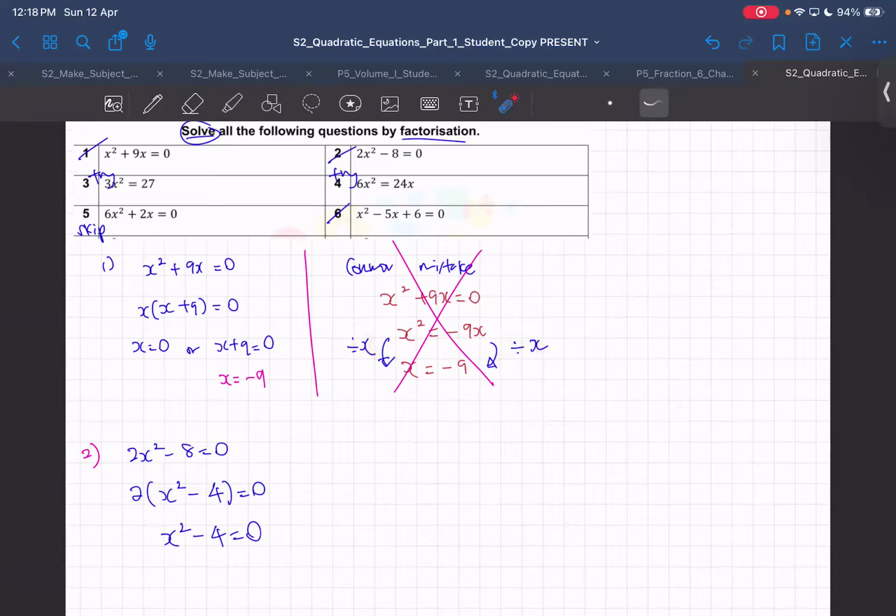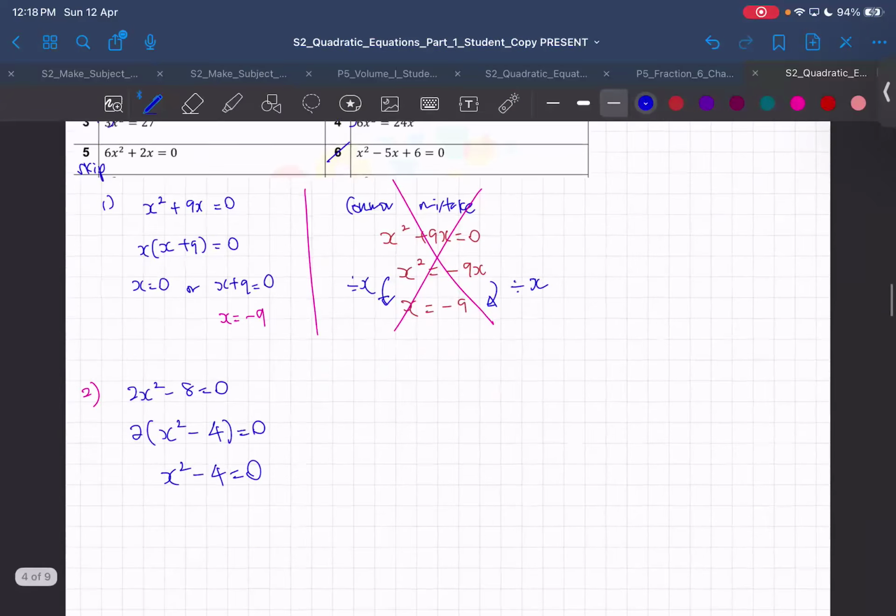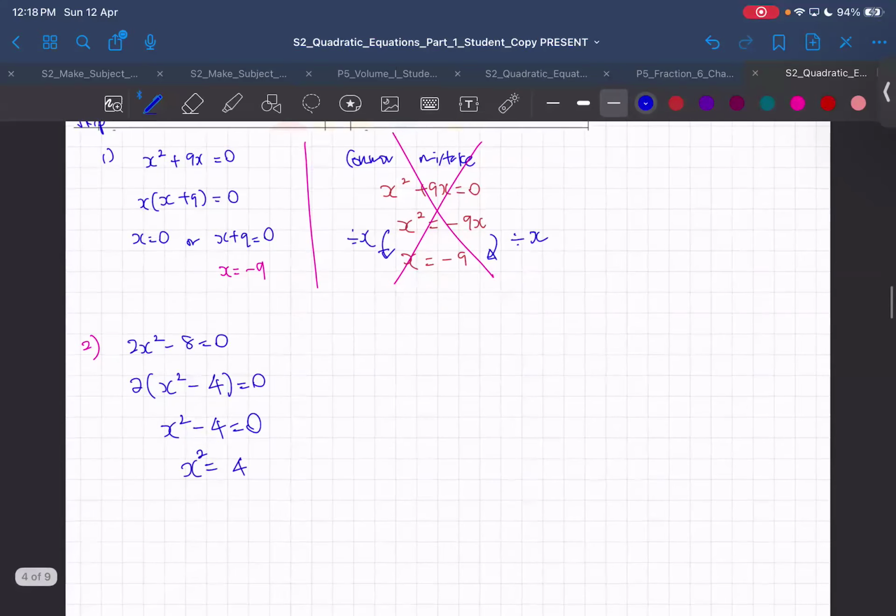You'll be missing one solution. So if x squared equals to 4, then to find x, you must square root. But remember, when you square root, you need to have plus minus. That's where your two solutions come. So you get x equals to minus 2 or x equals to 2. This is method 1.